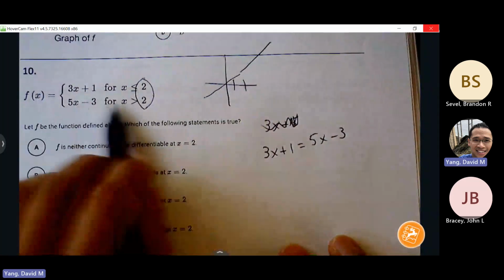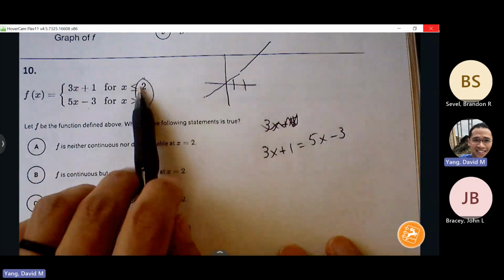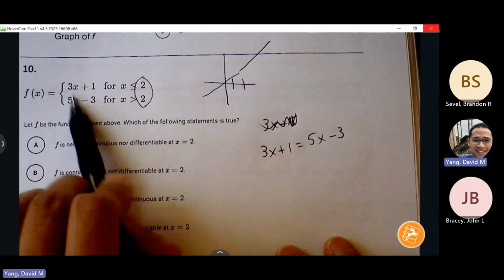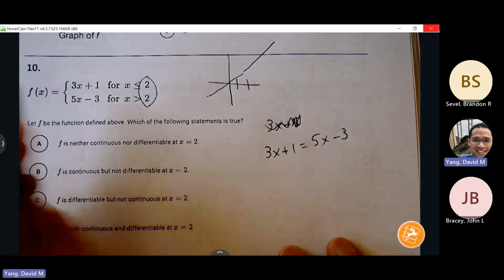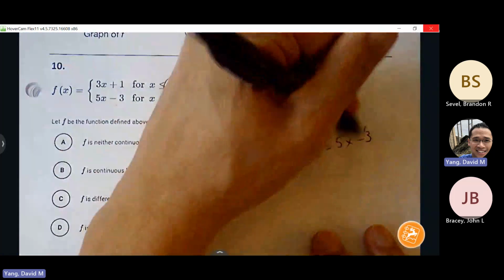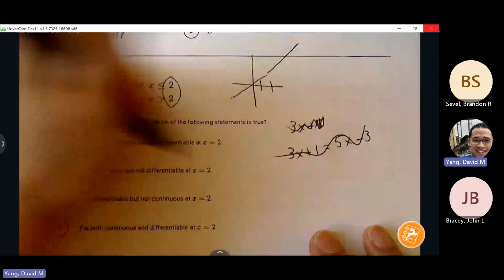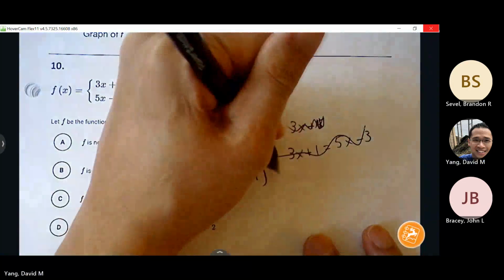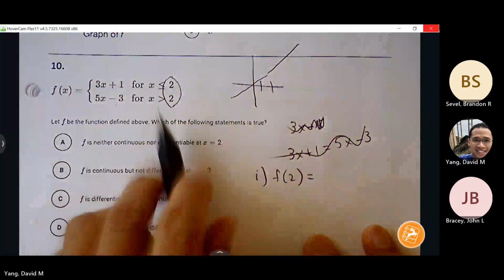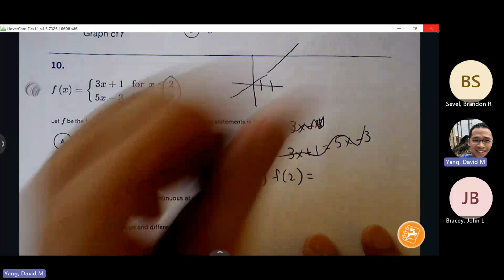If I was just doing a shortcut here, if I plug 2 into both of these and they both give me the same y value, I know the limit's going to exist. But yes, you're right. I think I was skipping ahead to this differentiable statement here. But yeah, f of 2 will be 6 plus 1, which is 7.